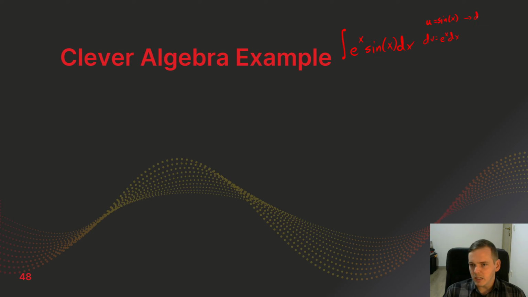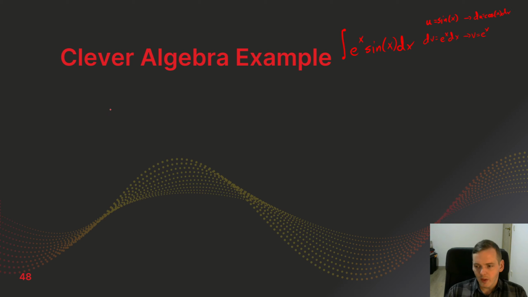This means that du will equal cosine of x dx, and v will equal e to the x. You can run through and double check those yourself, but just from practice, I know that that's what it's going to do. And I did it in my head here.